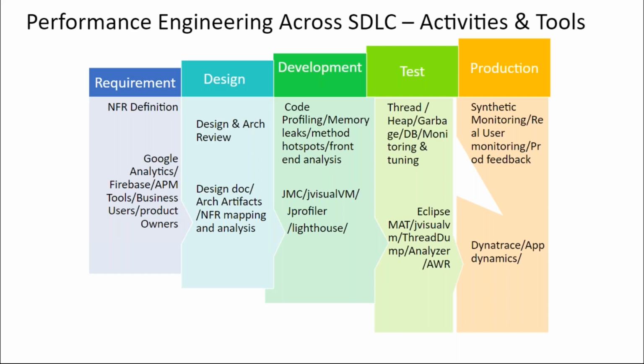But if you're going to be a performance engineer, you're going to be involved in discussions with your business team, more from a non-functional perspective, validating the non-functional requirements, and then comparing that with the design documents, and working with the developer to do early performance, shift-left performance, memory analysis, code-level profiling, method hotspot analysis.